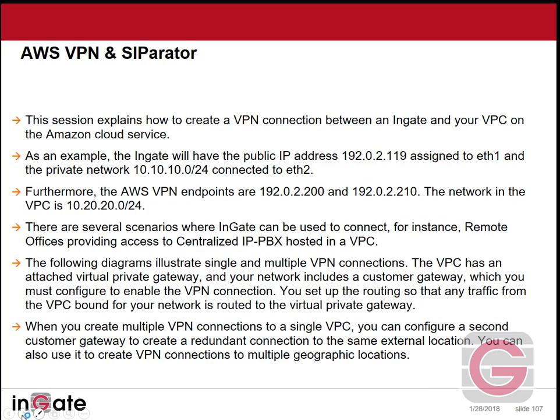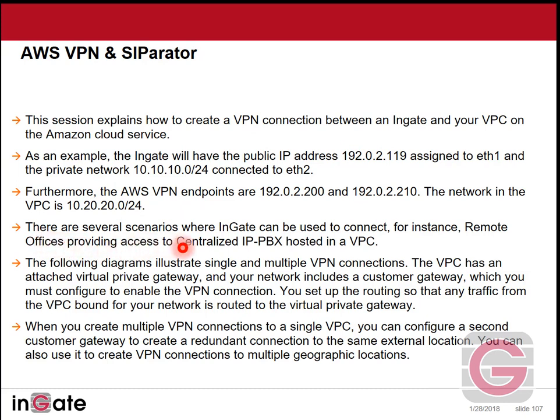We are going to learn that the Amazon AWS VPC IPsec connection provides two tunnels, so you're going to have two public IP addresses to connect to. Those are going to be the two IP addresses, the .200 and .210. And let's say that the network on the VPC is 10.20.20.0/24. So this is the IP addressing to understand the layout of what we are going to connect.